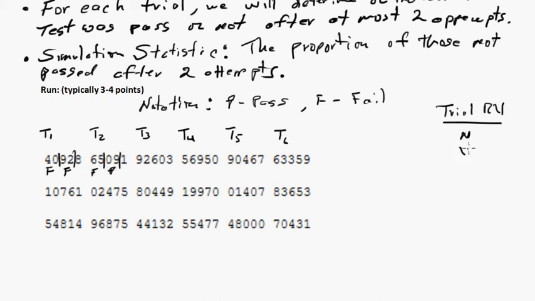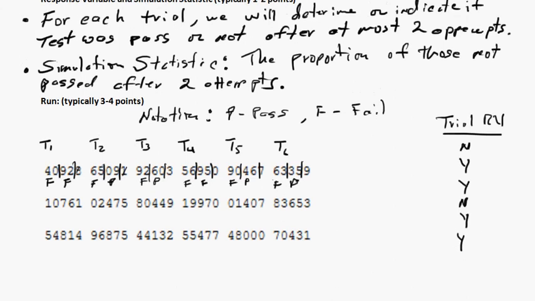So this could be a yes. We're just skipping this last number right now, because it's more readable with a gap right there. So this is fail and pass. So this is yes. And in here, this is fail and fail. Again, so no, they did not pass. This is fail and pass, so yes. And then this is fail and pass, so yes, they did pass.